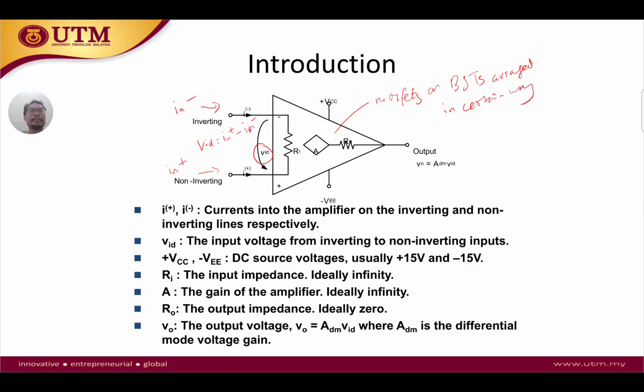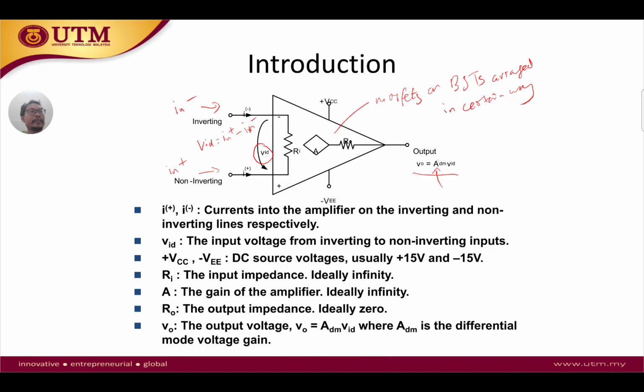The in plus voltage minus the in negative voltage is your VID, and then once you have your VID, you can calculate your Vout in an open loop configuration. So this is an open loop configuration. We have no negative feedback. So Vout is ADM times the VID.